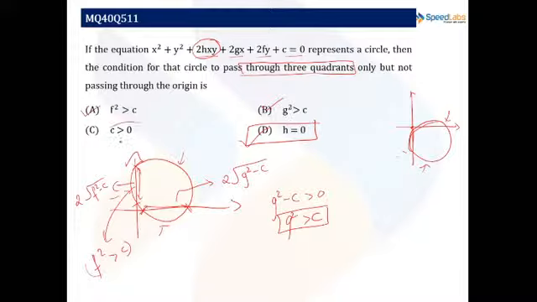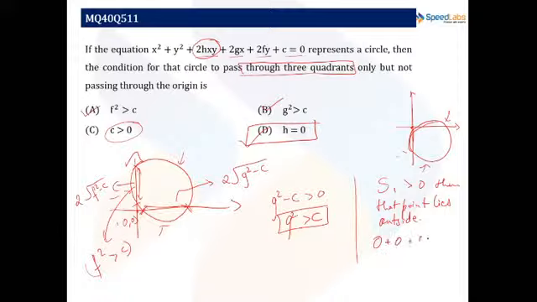Now we have to check for C. We have right now seen that if S1 is greater than 0, then that point lies outside. In this case, origin lies outside, so putting x equals to 0 and y equals to 0, 0 plus 0 plus 0 plus 0 plus c should be greater than 0, that is c should be greater than 0.